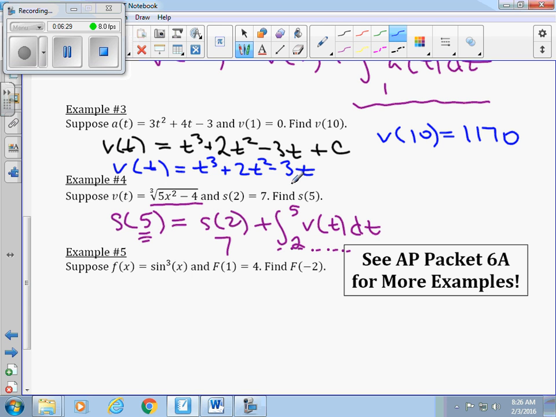But if you forget that on the AP exam, do a 1/3 power. Isn't it the same thing? Sounds so excited about that. Okay. 4, 5. 4, 4, 7.